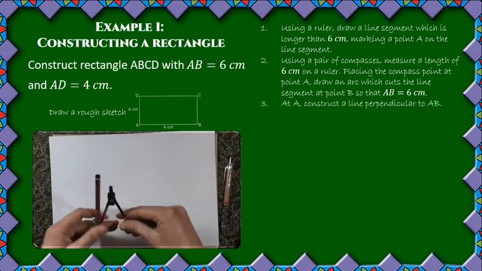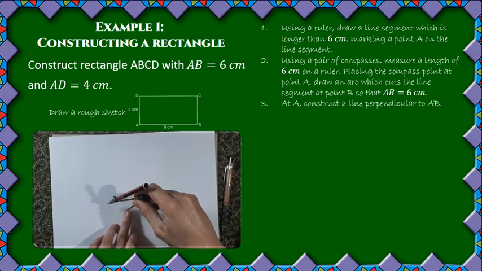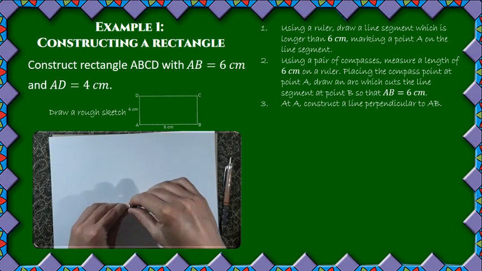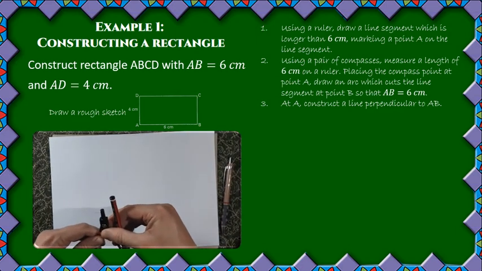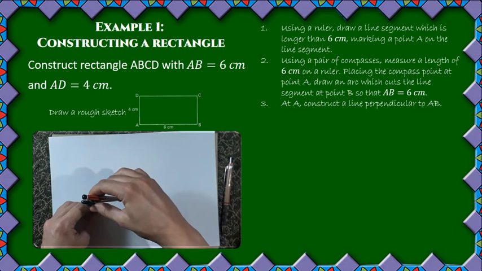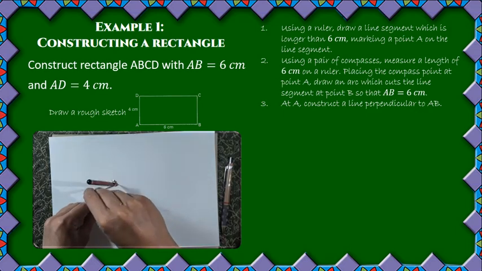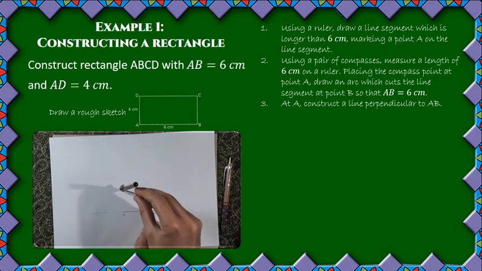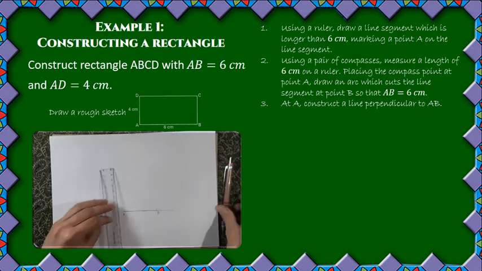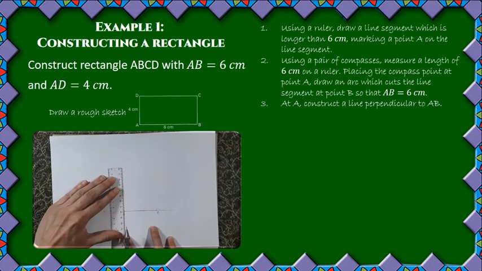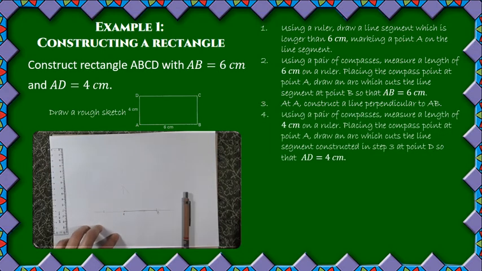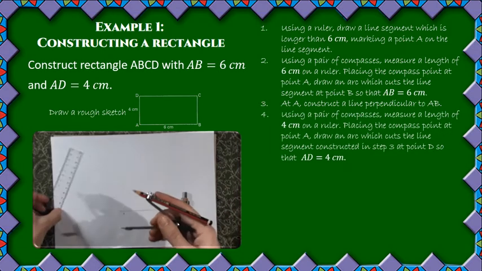Now at A, construct a line perpendicular to AB. Then using a pair of compasses, measure a length of 4 centimeters on a ruler.